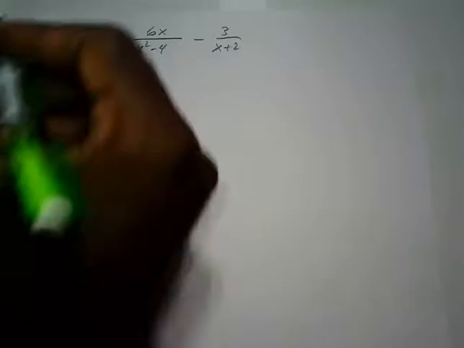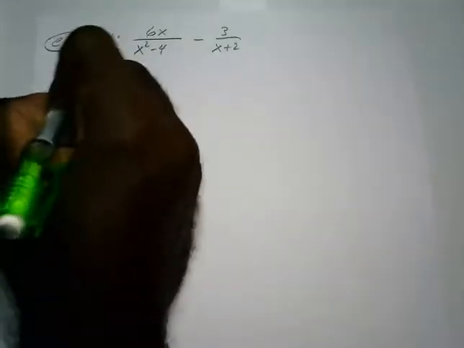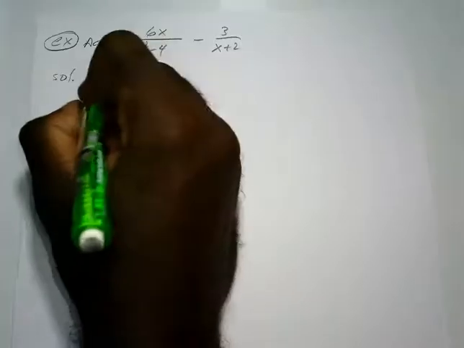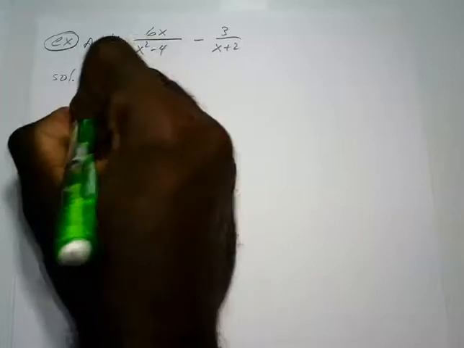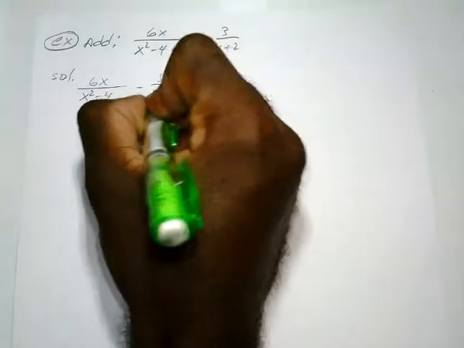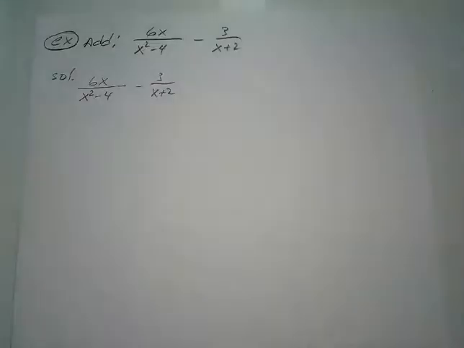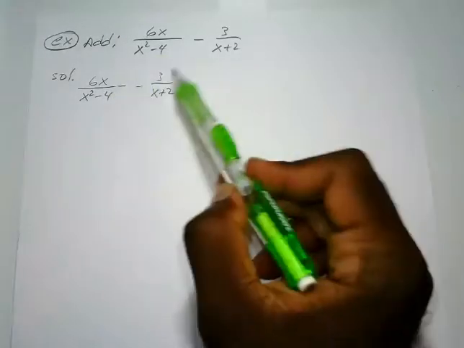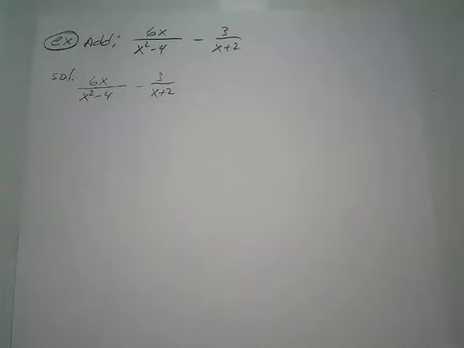I'm just going to do a quick rewrite: 6x over x squared minus 4 minus 3 over x plus 2. Remember, your first step is to factor all your numerators and denominators. The 6x, the 3, and the x plus 2 are as factored as they're going to get.